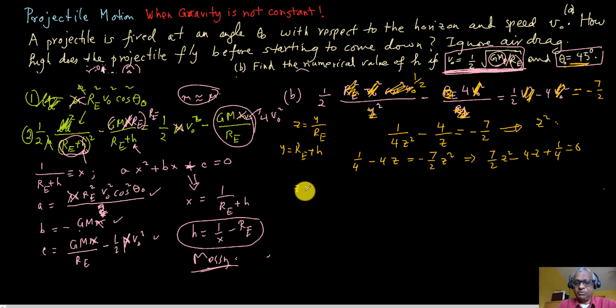So the z will be 1 over 2a, 1 over 2 times 7 over 2, minus b, which is 4, plus or minus the square root of 16 minus 4 times 7 over 2 times 1 over 4.